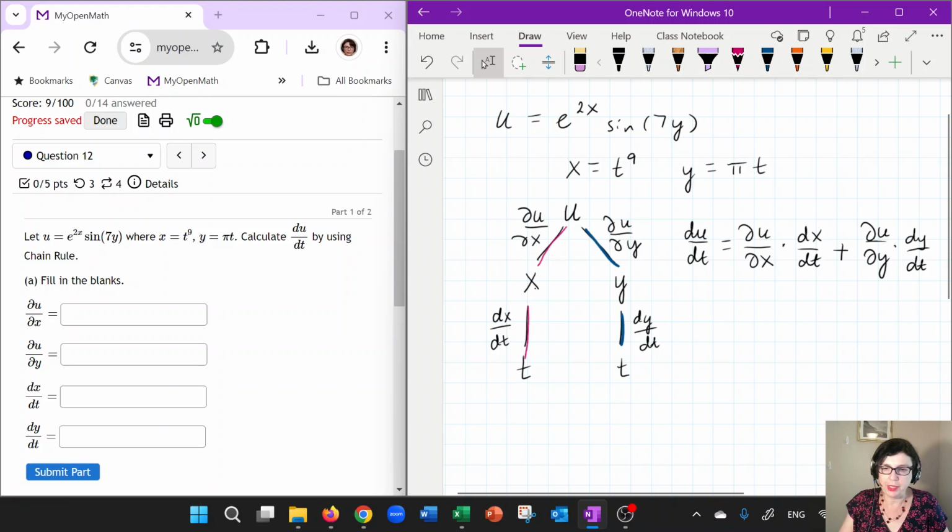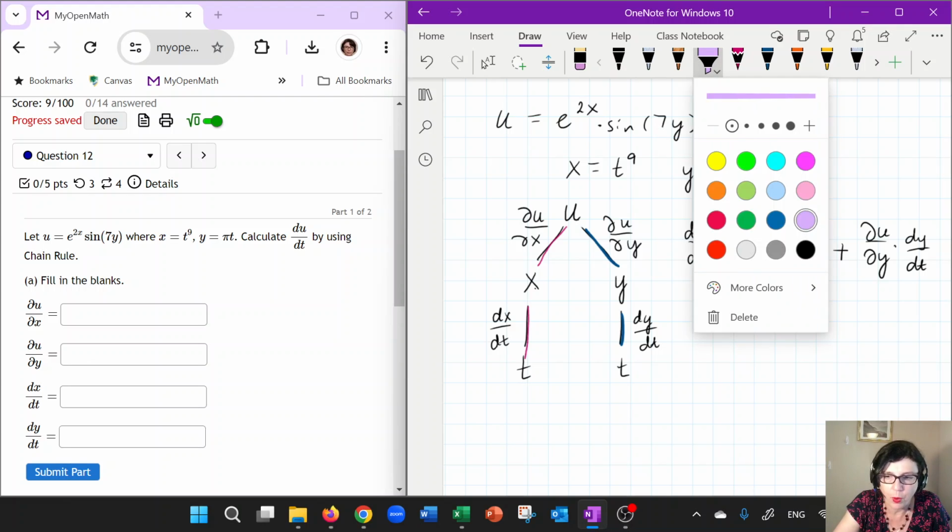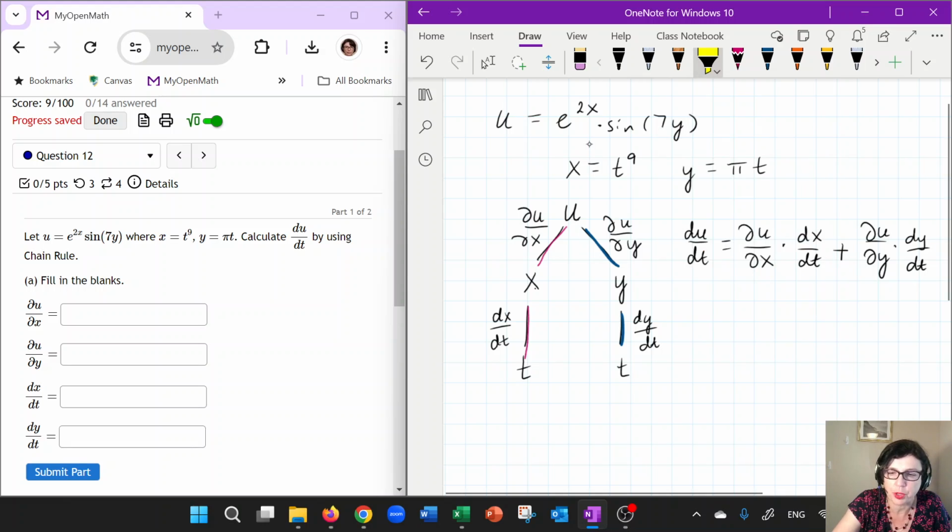First, what is the derivative of u with respect to x? First of all, these two things are multiplied, right? Now, when you take the derivative with respect to x, the other term you treat as a number, because the other term has no x. Even though it's some fancy sine 7y, it's just a number. We have a rule with derivatives called the constant multiple rule, where we just keep the number.